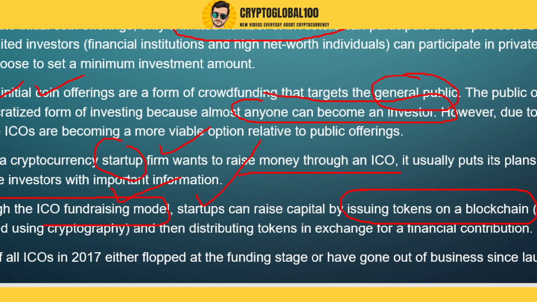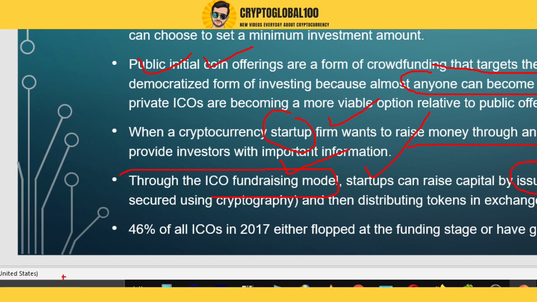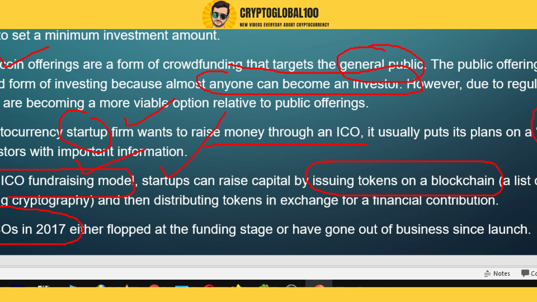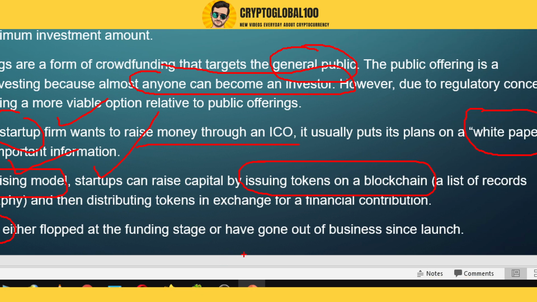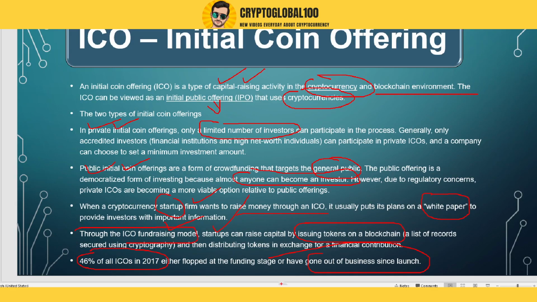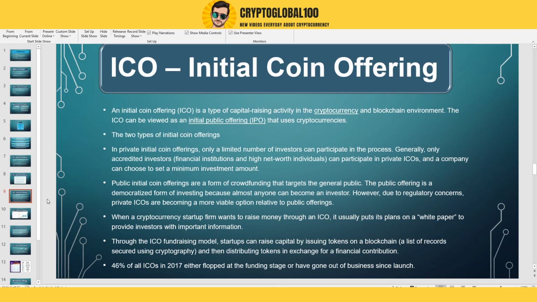And let me show you an interesting fact. 46% of all the ICOs in 2017 flopped, they failed at the funding stage, and they have gone out of business since launch. Many of you have invested back in 2017, 2018 in some of the ICOs, and let me know in the comment section.